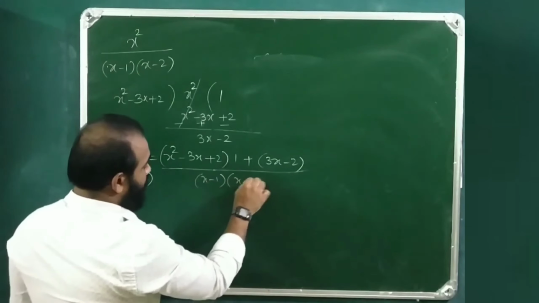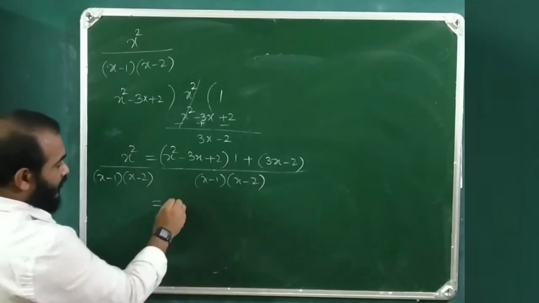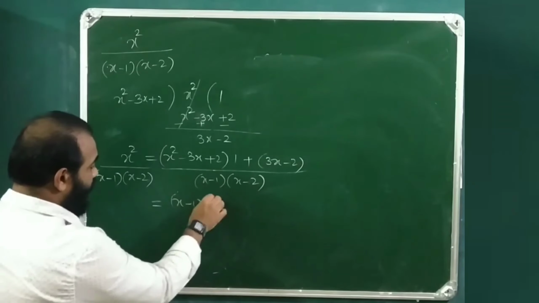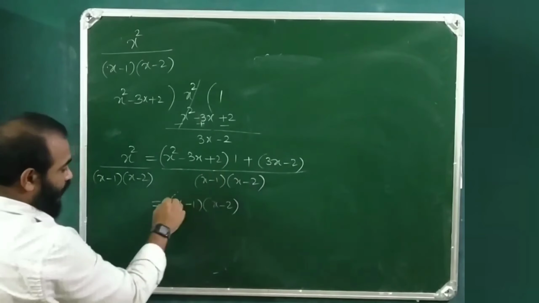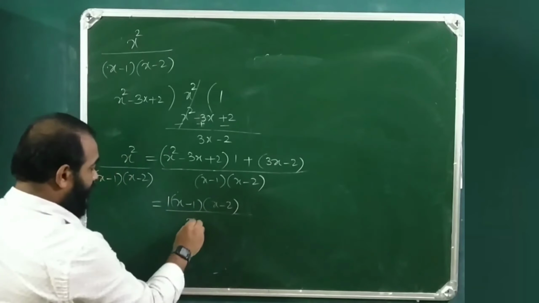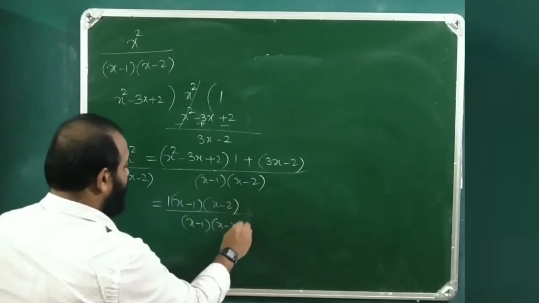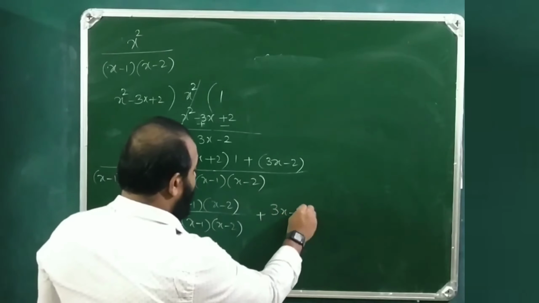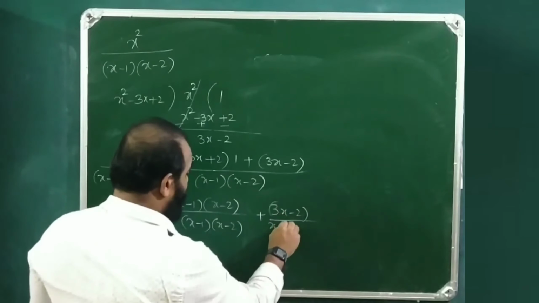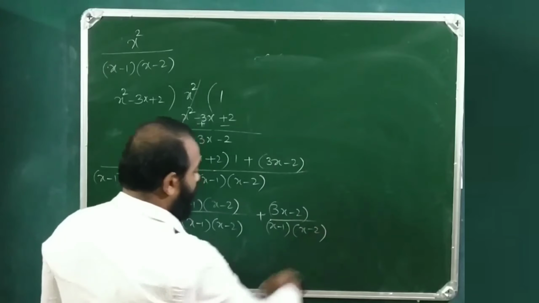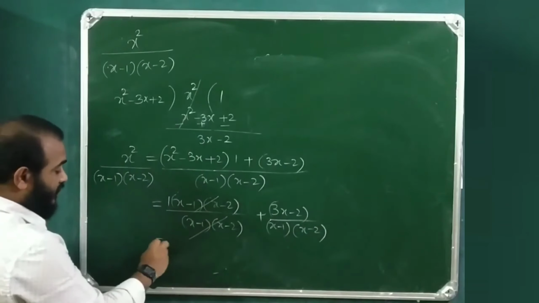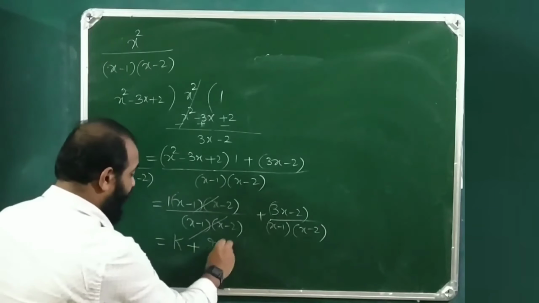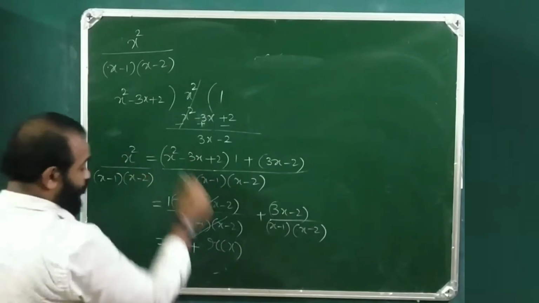So this is equal to x square minus 3x plus 2, which is x minus 1 into x minus 2, into this one, by x minus 1 into x minus 2, plus 3x minus 2 by x minus 1 into x minus 2. So this gets cancelled. We get k plus r of x by g of x.